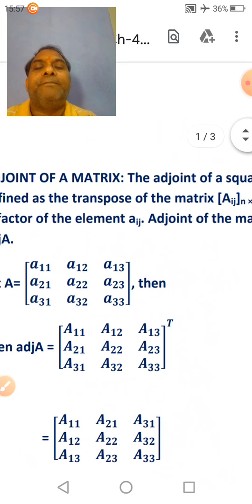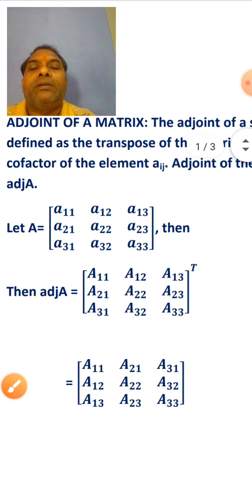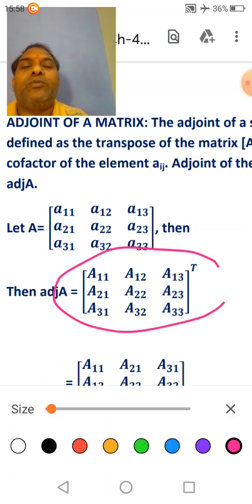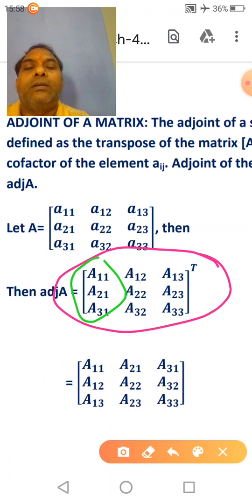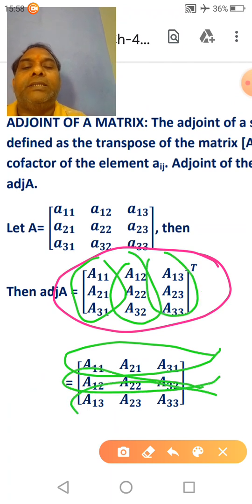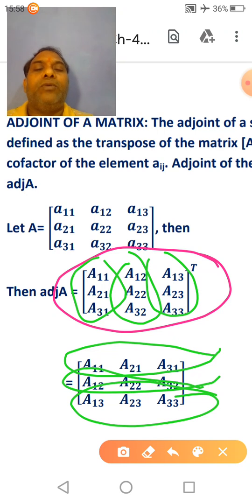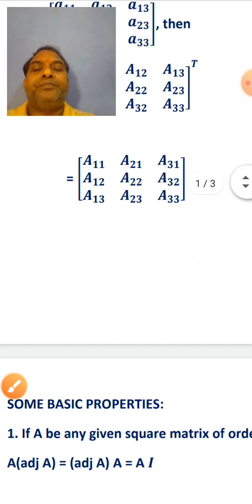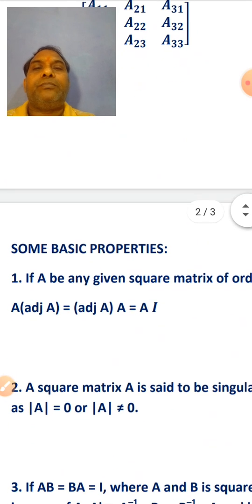Clear? So to find its transpose, you have to convert first column as first row, second column as second row, third column as third row. Then you can find the adjoint of the matrix.